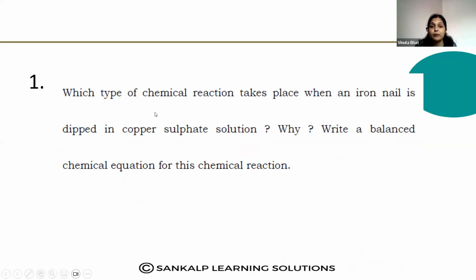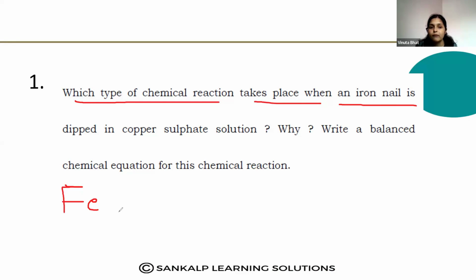Which type of chemical reaction takes place when an iron nail is dipped in copper sulfate solution? Why? Write the balanced chemical equation for this reaction. Which type of chemical reaction takes place when an iron nail, that is Fe, is dipped in copper sulfate, CuSO4, solution?